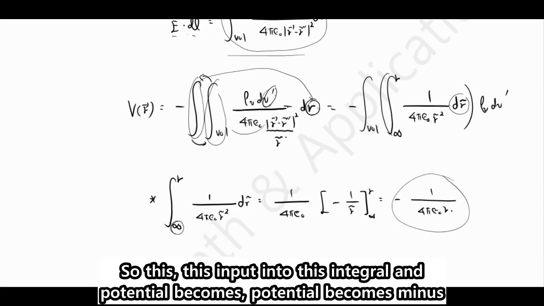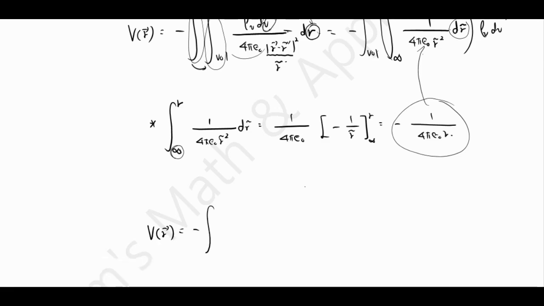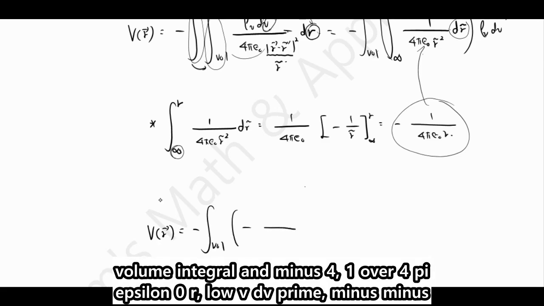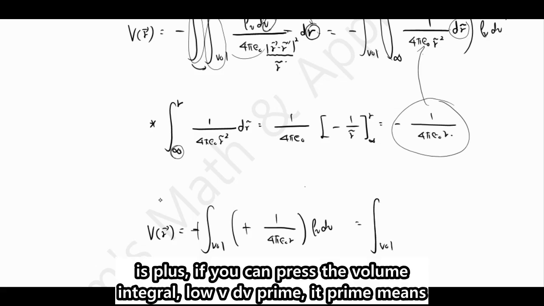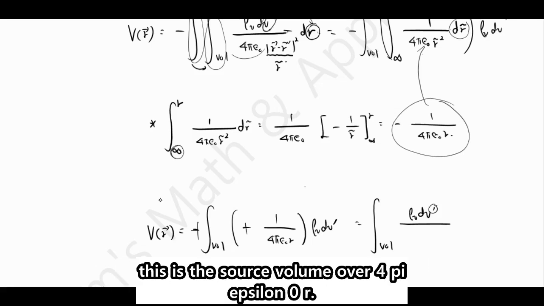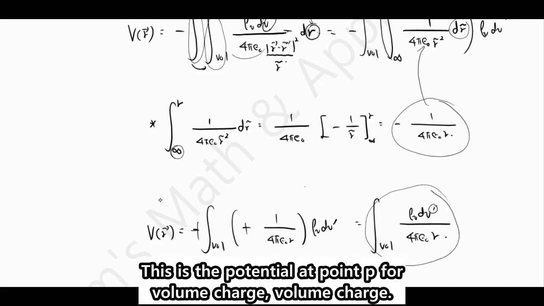Putting this into the integral, the potential becomes minus the volume integral of minus 1 over 4 pi epsilon 0 r times rho v dv prime. Minus times minus becomes plus, so it is the volume integral of rho v dv prime, where the prime means the source volume, over 4 pi epsilon 0 r. This is the potential at point P for a volume charge.